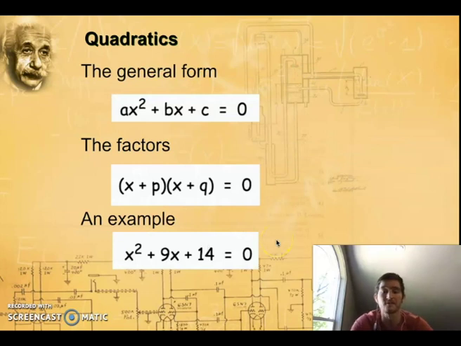So now we're going to look at quadratics as our first foray into polynomials. So the general form of a quadratic is this: ax squared plus bx plus c is equal to 0. Now this is a lot of variables and exponents and letters here, and so it might seem a little confusing, but let's break it down. So a is always going to represent the leading coefficient.